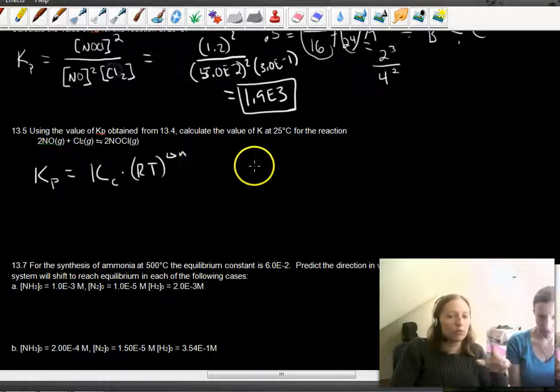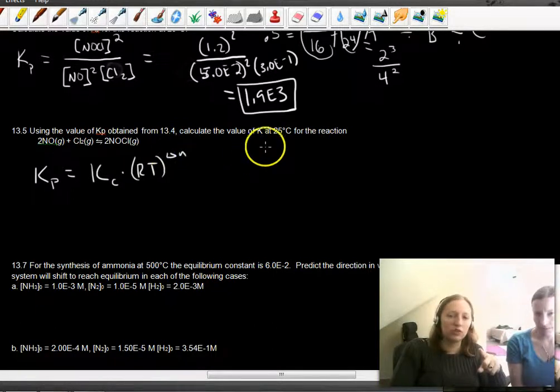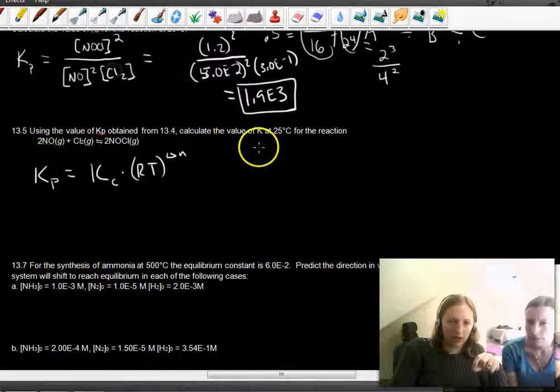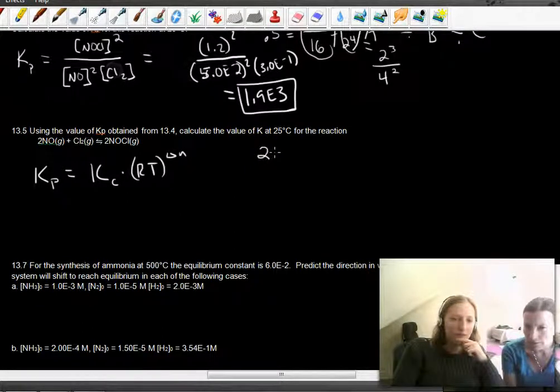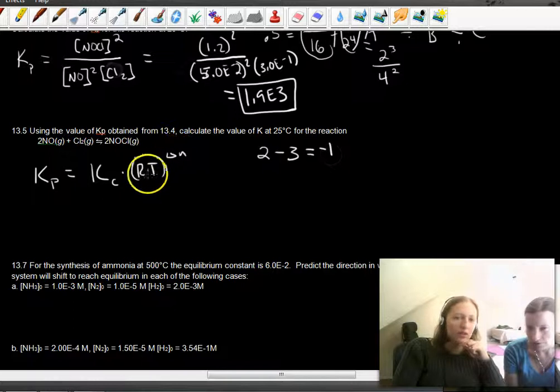So the change in the number of moles of gas, we're going to need that. How many moles of gas do we have in our products? 2. How many moles of gas do we have in our reactants? 3. 2 minus 3 is -1. So that's our delta n.